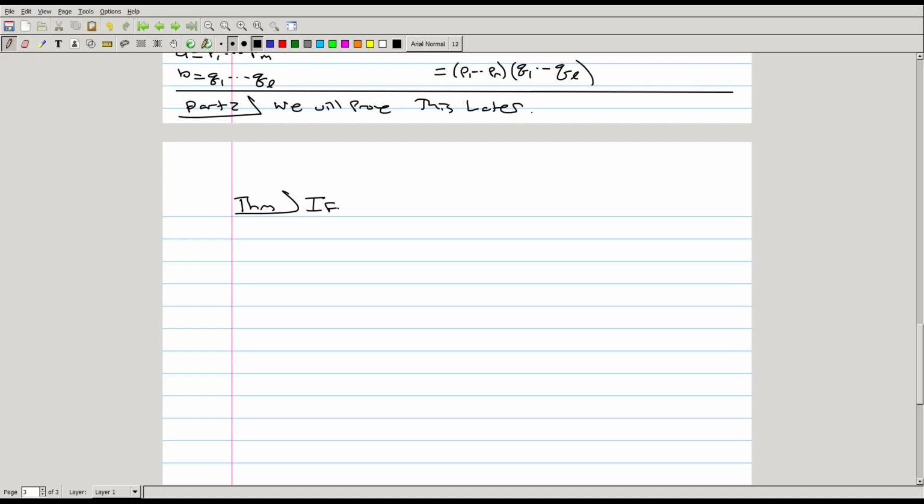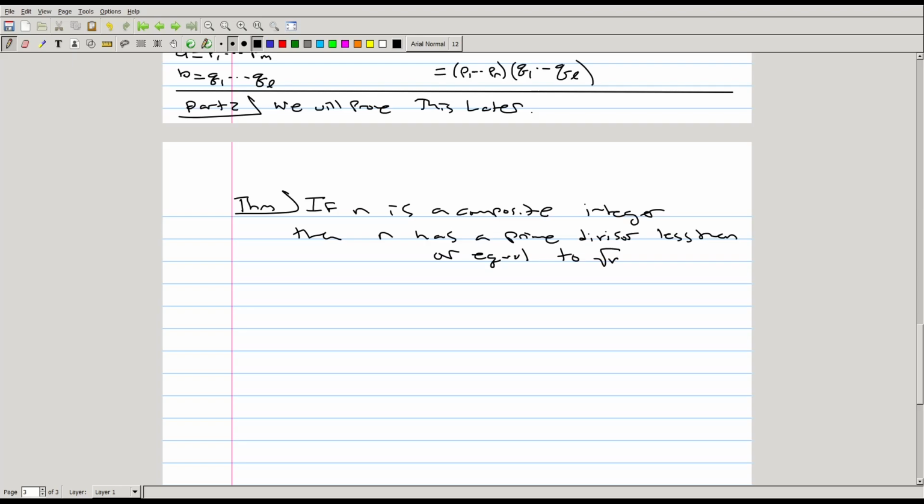This is: if n is a composite integer, then n has a prime divisor less than or equal to the square root of n.